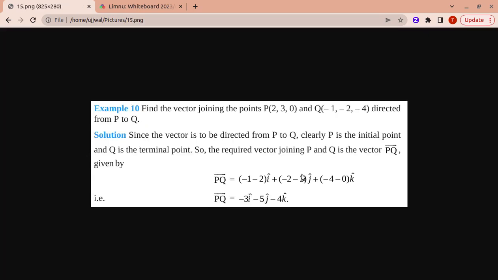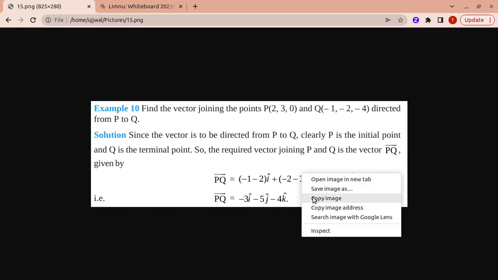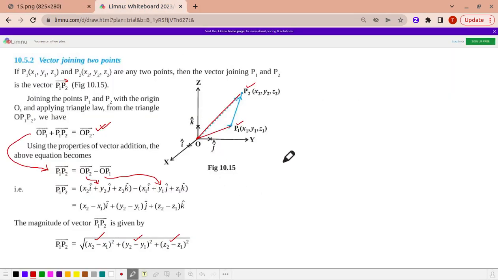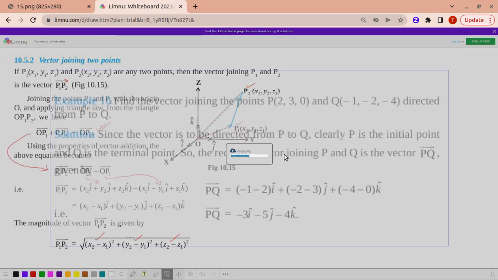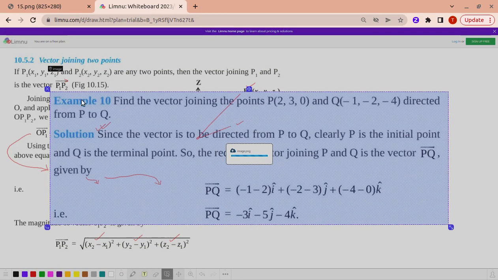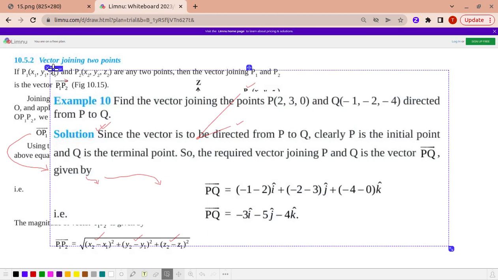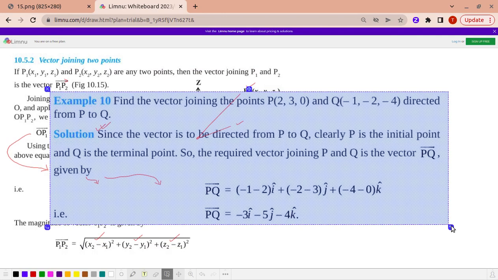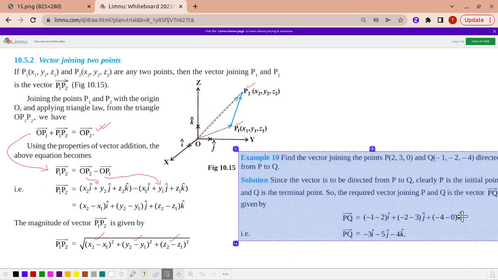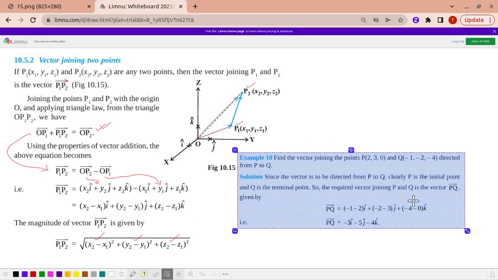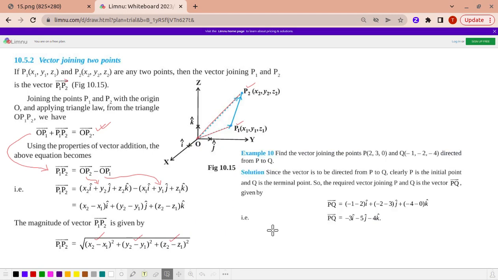Now the next point we are going to discuss is an example based on whatever we have discussed. Find the vector joining the points P (2, 3, 0) and Q (minus 1, minus 2, minus 4), directed from P to Q. So what will be PQ?